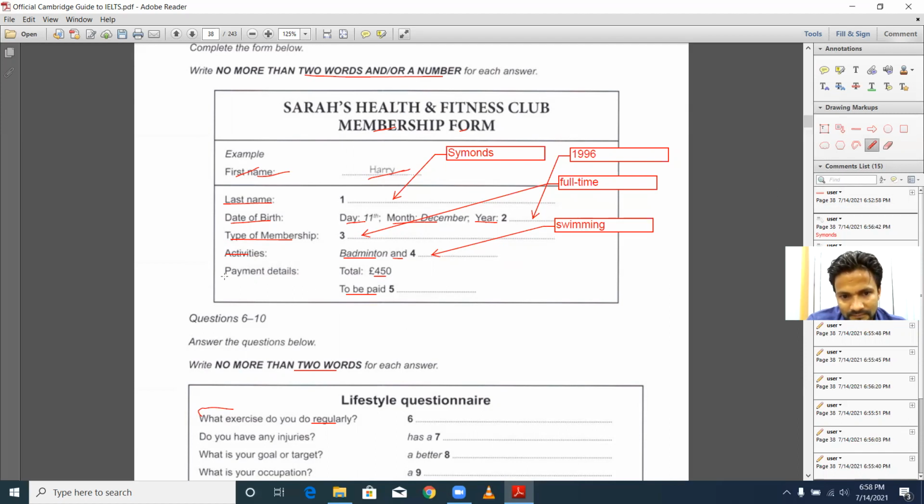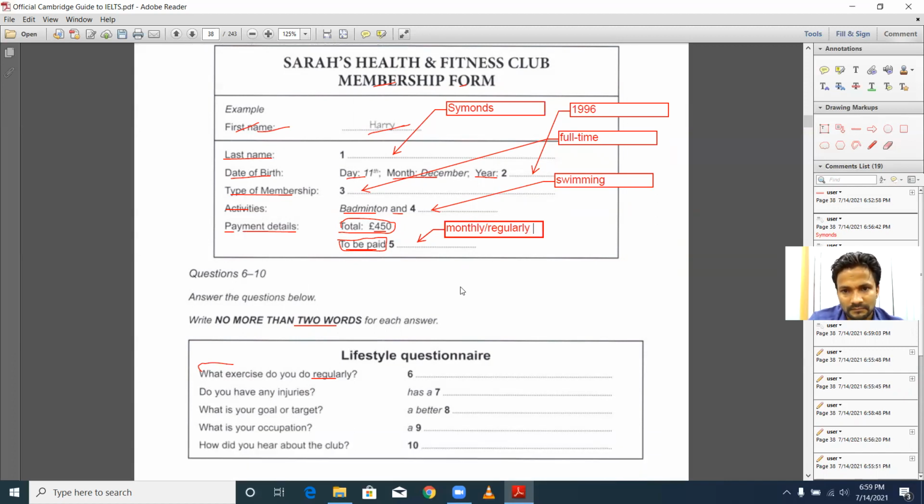Will you be using the gym? No, I'm not interested in that. Okay, so just let me work out what the cost will be. Yes, that comes to £450 for the year. You can choose to pay annually for the full year or monthly. It's up to you. Oh, I'd prefer to pay regularly in small amounts, rather than have a large amount to pay in one go, if that's okay. Sure, that's fine. Right, I've got the most important details for now.